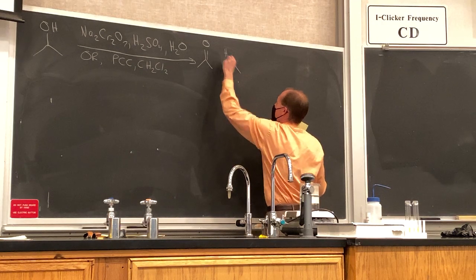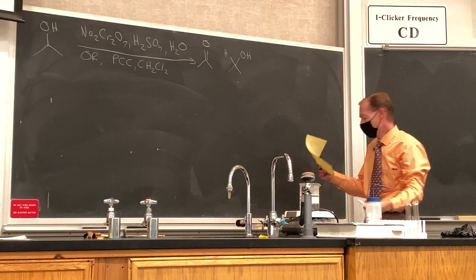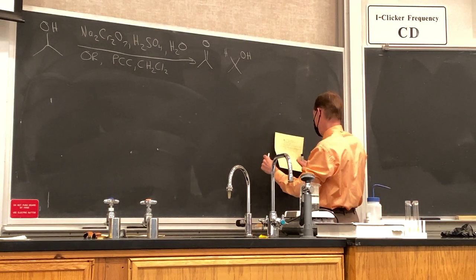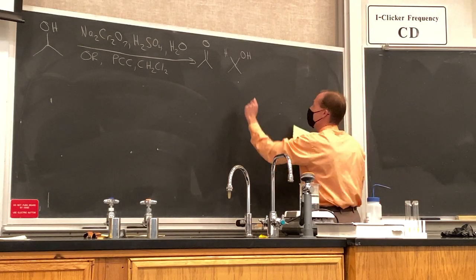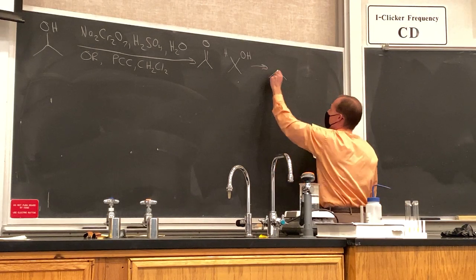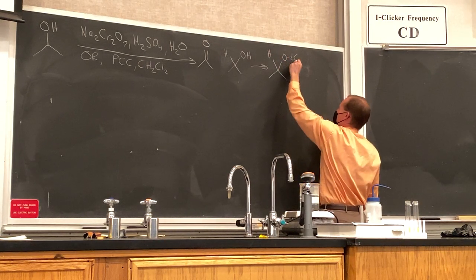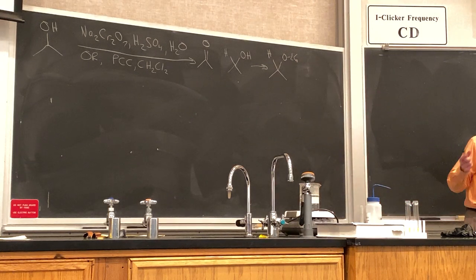So we take our alcohol, and in the first part of our mechanism, we convert the alcohol into a good leaving group. Or I should say, we attach a good leaving group to our oxygen of our alcohol.